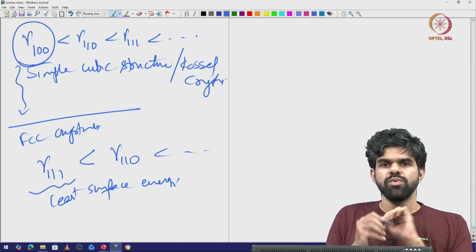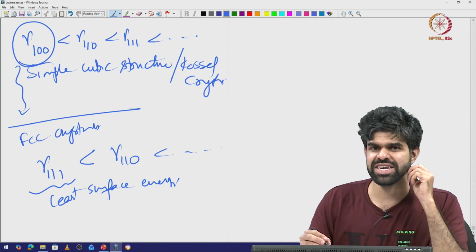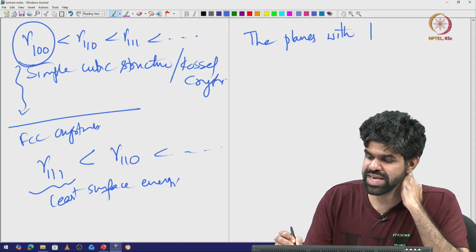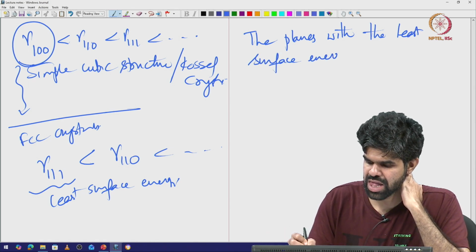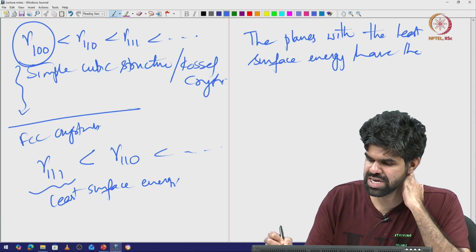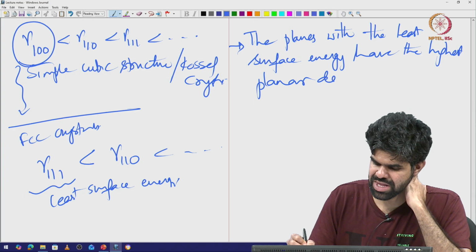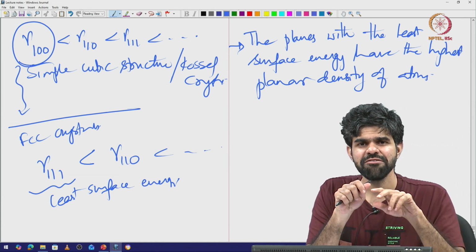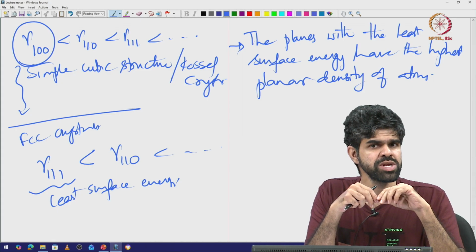Okay. Now, similarly, essentially the planes with the least surface energy have the highest planar density of atoms. Okay, that sounds a bit counterintuitive. If I have a lot of density of atoms and I cut them into 2, then I have to spend more energy, right.